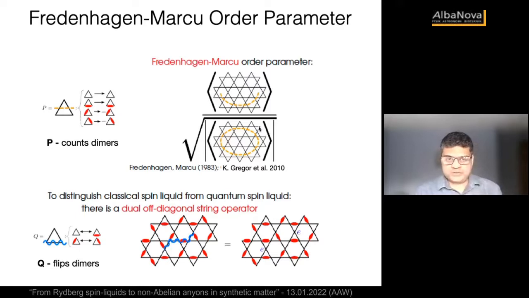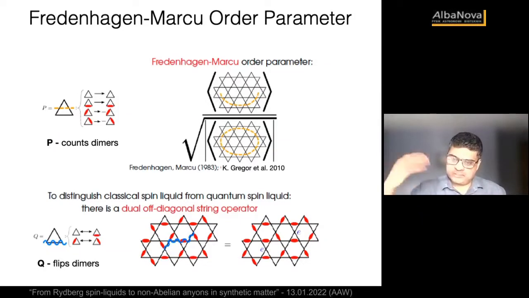Okay, so this gives you a way, if you were to do the experiments, you could define a loop. So the way they do the experiment is that they create their array of atoms. They change parameters to go to the parameter regime where you want, and then finally take a snapshot of the final state. They can tell you which atoms are in the excited state, which ones are in the ground state.